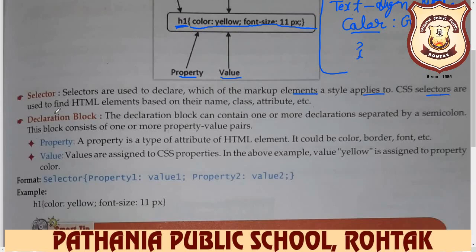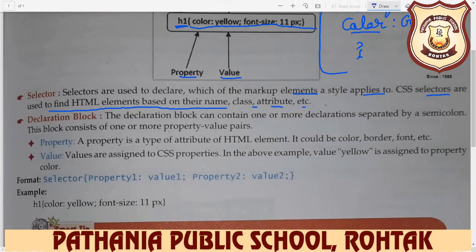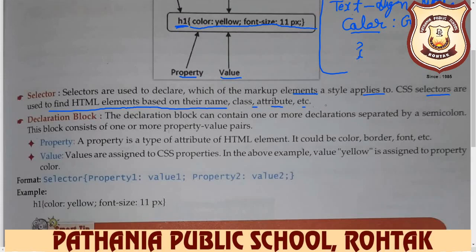CSS selectors are used to define HTML element based on their name, class, attribute, etc. Selectors are used to declare which of the markup element to apply a style to, and CSS selectors are used to find HTML element based on their name, based on their class, and based on their attribute.